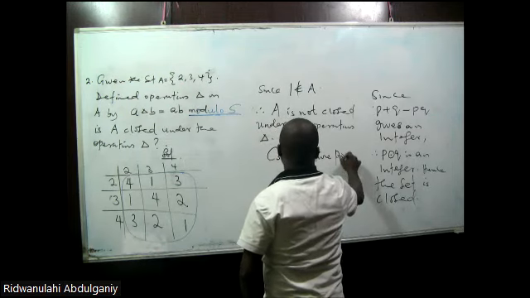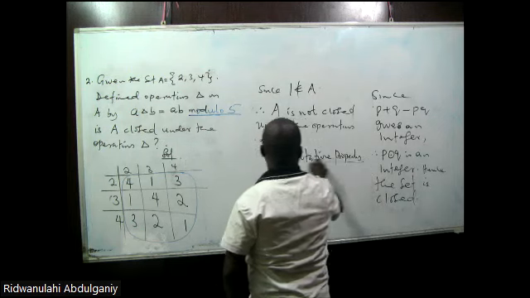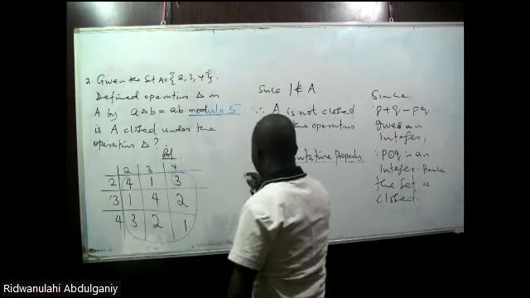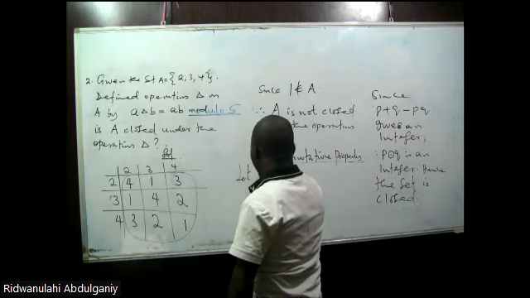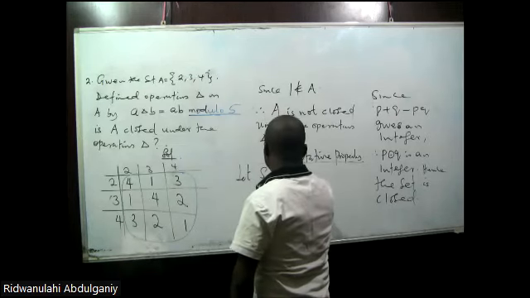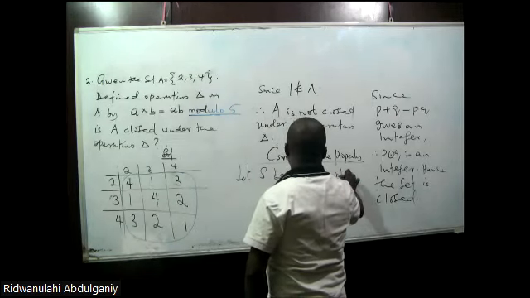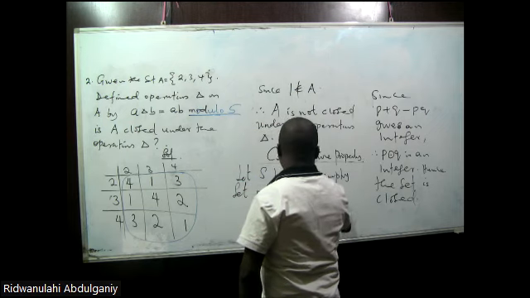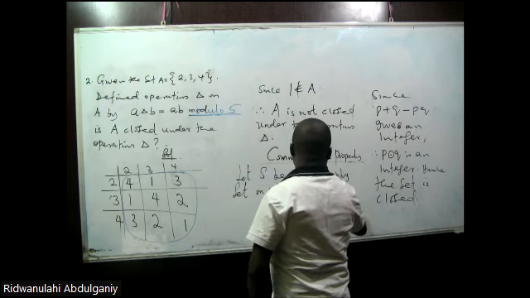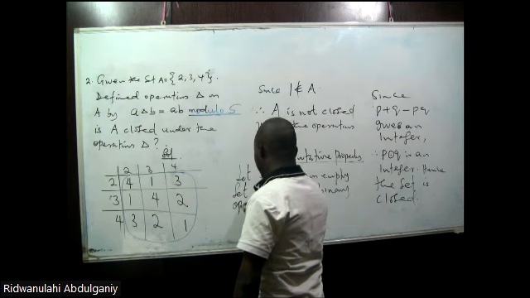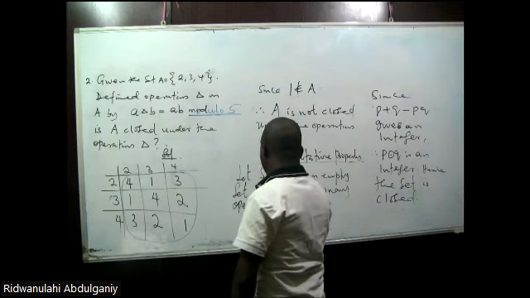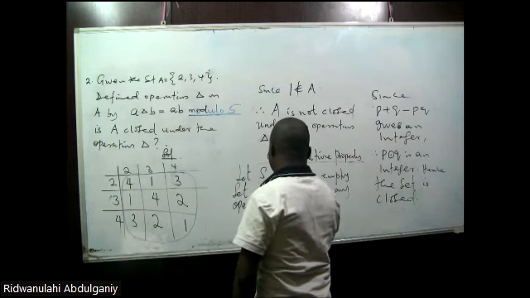Commutative property. Let S be a non-empty set on which a binary operation star is defined.